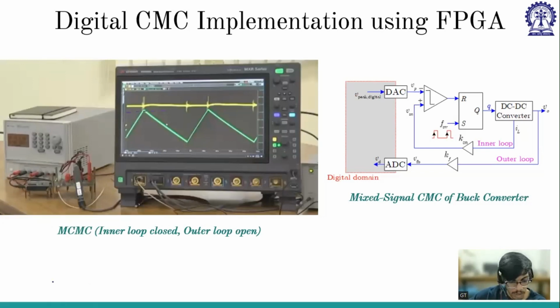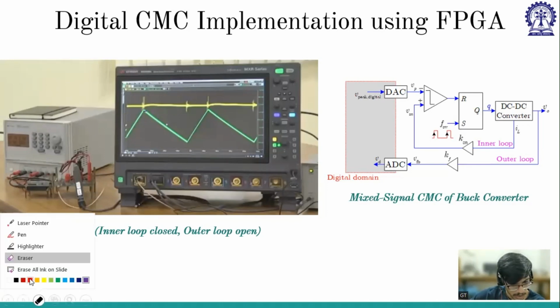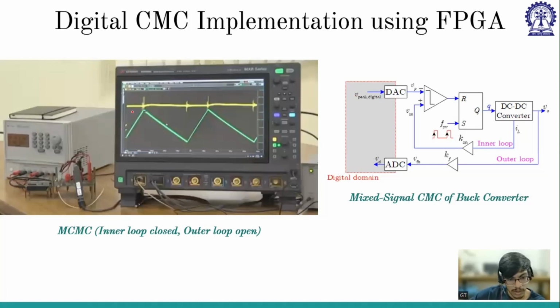I think I have to use a different color. I'll use red color. So this SAR is using constant I reference, and SAR has implemented the code in the FPGA, and SAR is showing the result, which we'll be discussing again in the future weeks more elaborately, but SAR is just showing the working of the setup.